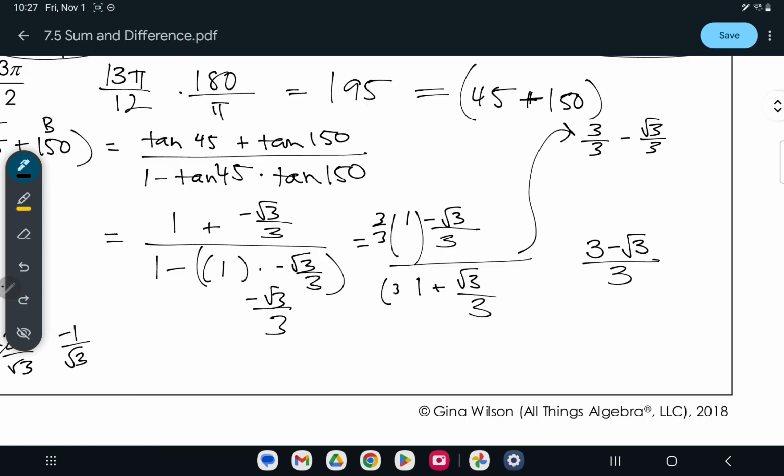Same thing here. It's going to give me 3 over 3 plus root 3 over 3. So as one fraction, it's going to give me 3 plus root 3 over 3. Now, both fractions are being divided by 3, so I can actually get rid of it.